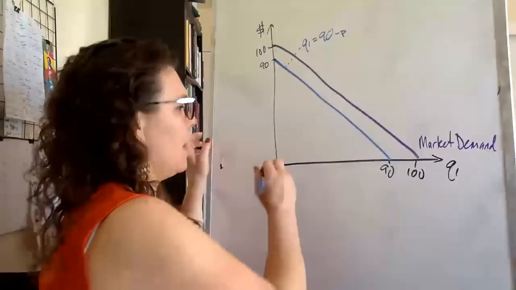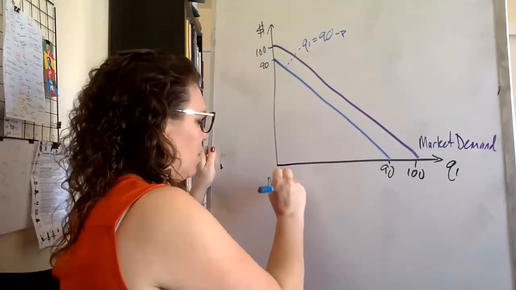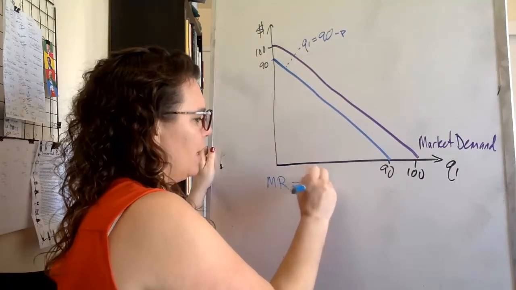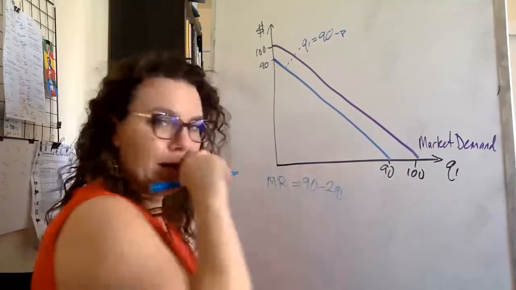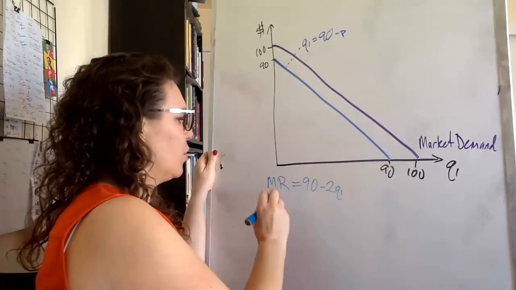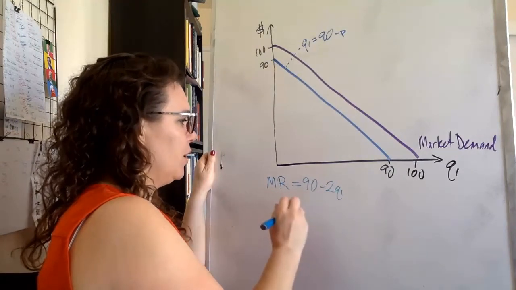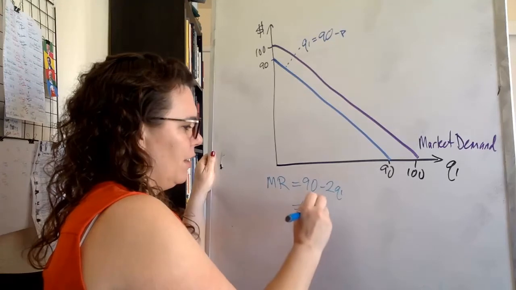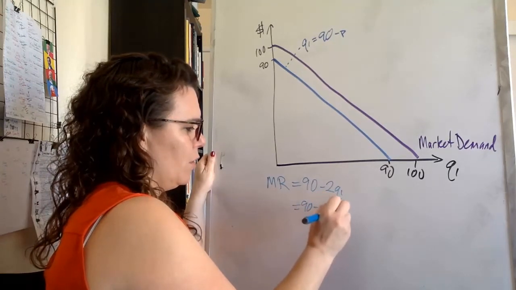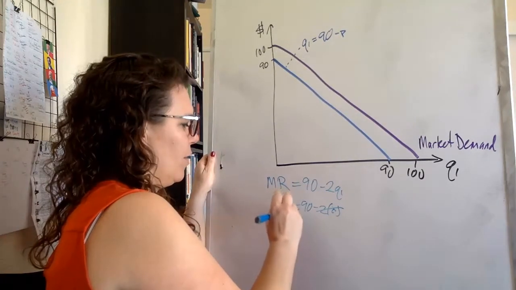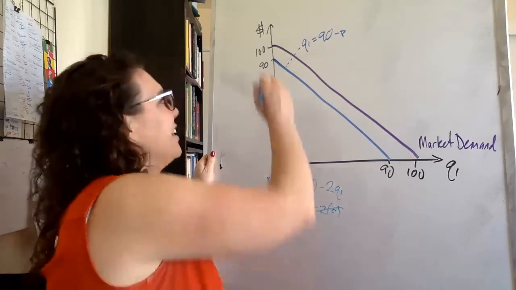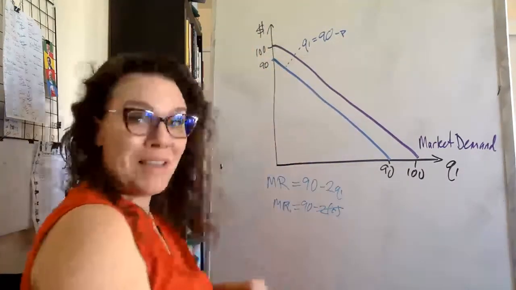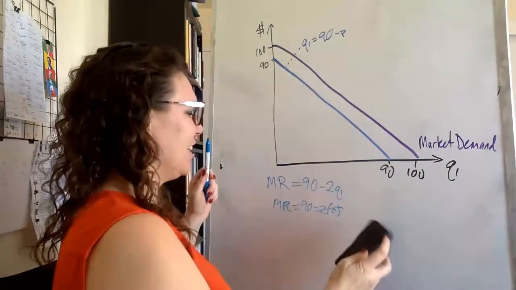If we set Q equal to 0, we get a marginal revenue value of 90 minus 2 times 0, which is just 90. So it'll start up here, which makes sense. That's how the marginal revenue curve usually goes.